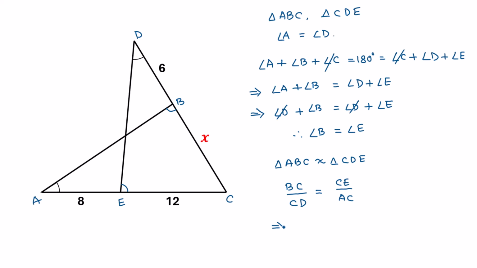Now substituting BC, this is x, divided by CD, this CD is x plus 6, is equal to CE, this is 12, divided by AC. This AC is 8 plus 12 unit.